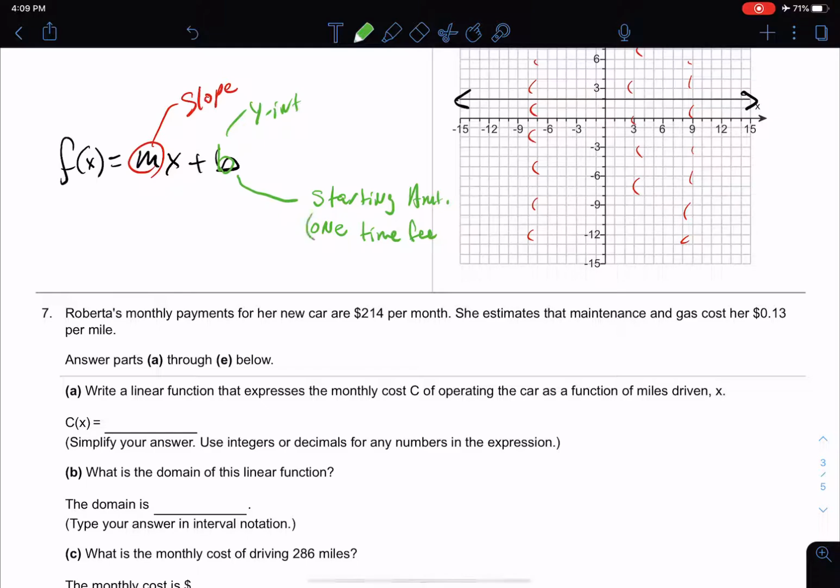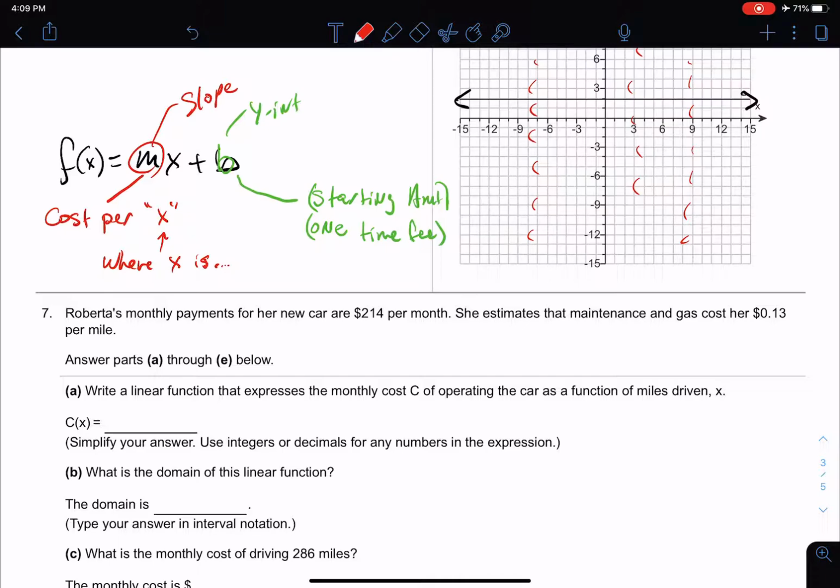And in the context of the problem, the slope, or the m, is usually cost per x, where x is whatever the problem is talking about.